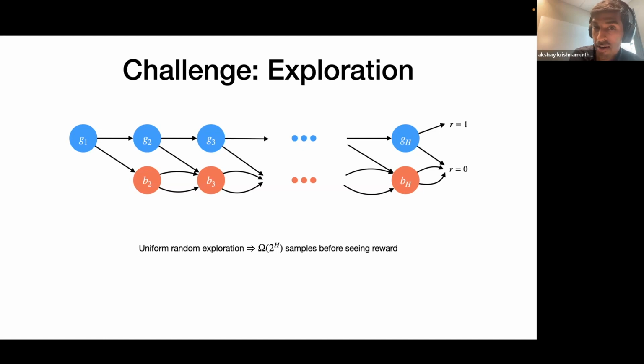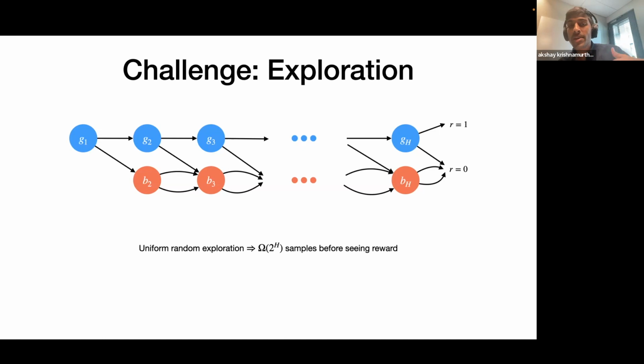Okay, so that's the example. Let's talk about how we can solve this. Maybe the first thing to think about is just staring at this example. If we do take random actions, we'll spend most of our time in the red chain, in the bad chain, and we'll spend some time at the good states early on in the process, like at G1, G2, G3, just by taking random actions. So what we want to do is kind of bias the exploration to do the things that we haven't done yet.